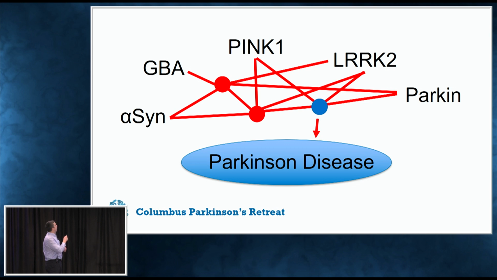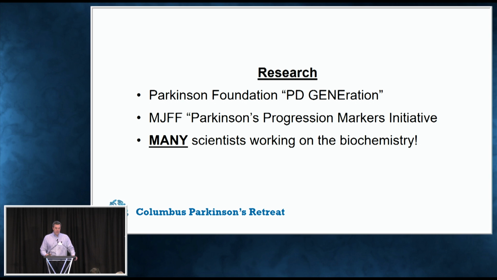So it doesn't matter what genetic mutation a person has, and maybe even what we call sporadic Parkinson's, where one of these mutations isn't found, maybe it's something else, but maybe by understanding the genetics and the biochemistry of the genetics, we can find a common pathway point that we can treat to just make Parkinson's stop in its tracks, or maybe even not develop. So that work is ongoing, and a lot of scientists are focusing on that.